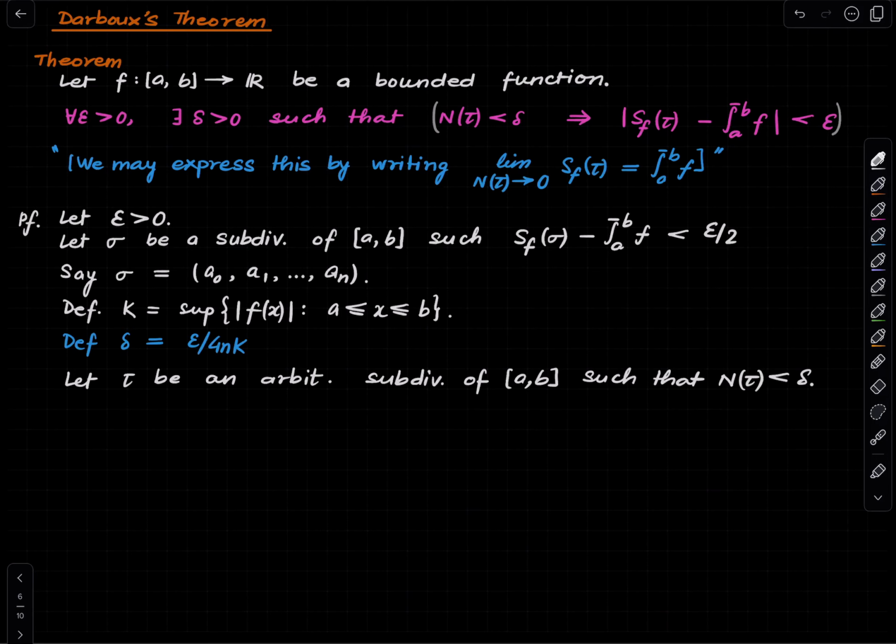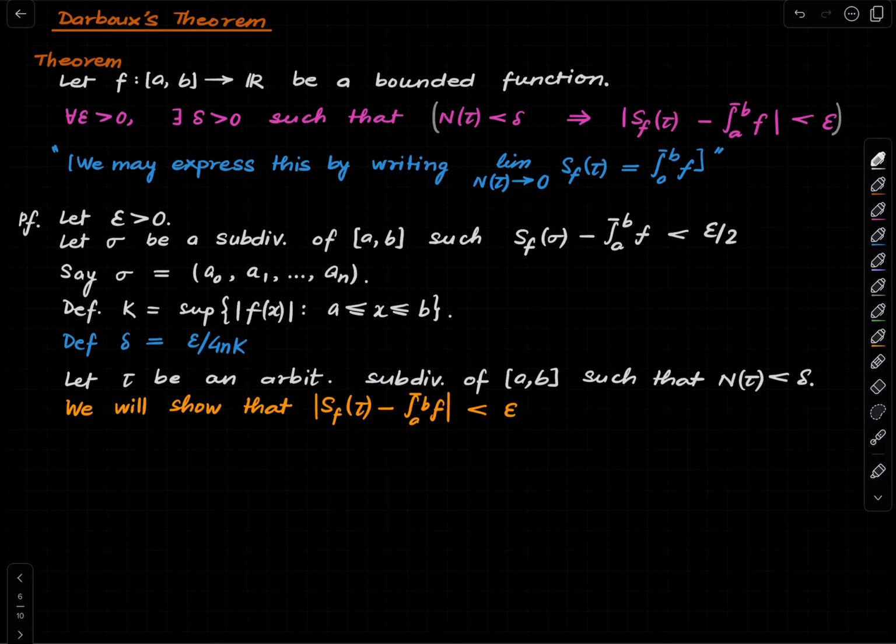We will show that the upper sum corresponding to tau approximates the upper integral of f with an error of epsilon at most. And here again, we don't need to put absolute values. Okay, but I will put it. I just like it when it is there. Otherwise, it seems like things will escape out.